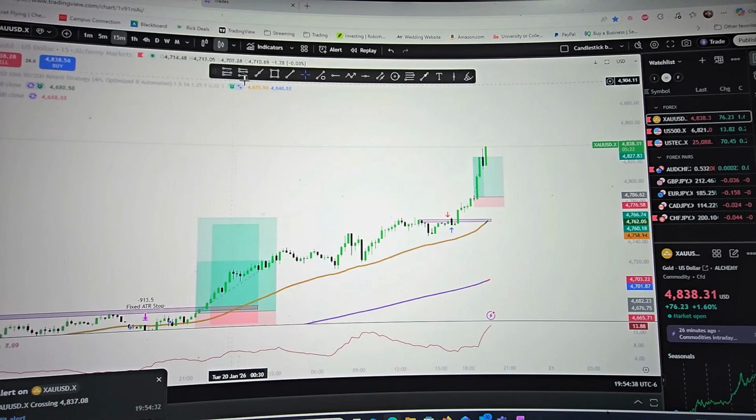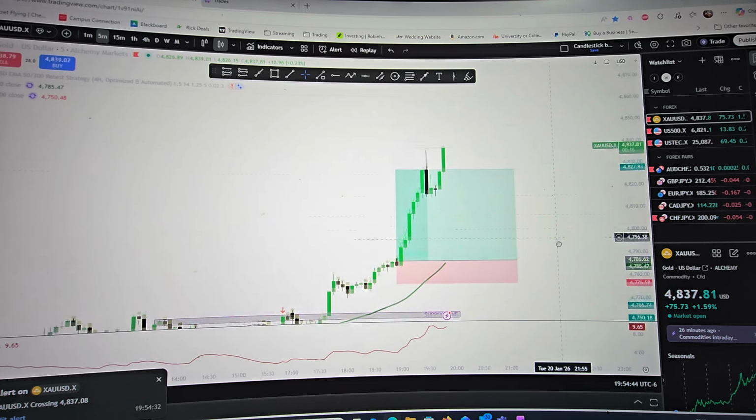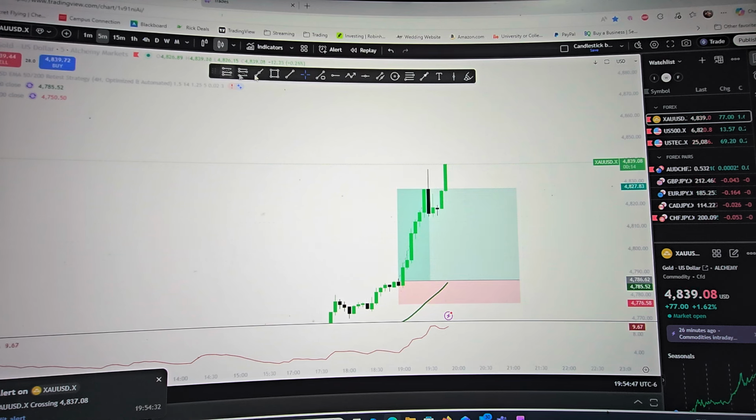Gold is still clearly very bullish. Do I have a setup? Let's see if I can do a supply, and this is an in-analysis trade setup.